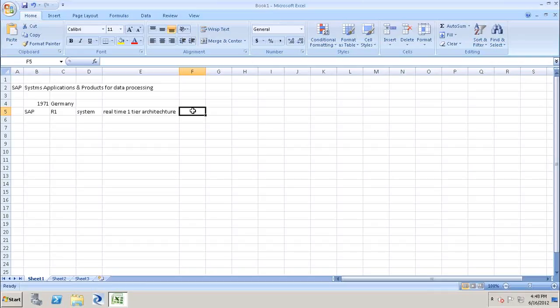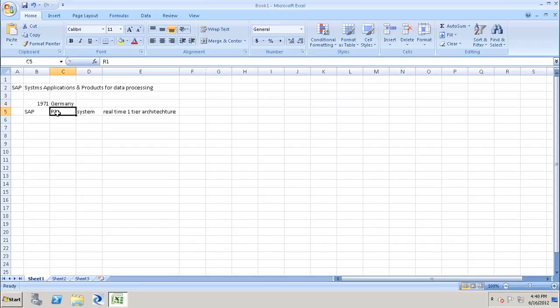In that we will have two subcategories: one is procurement or purchasing, and number two is inventory management, that means stock management. Once we purchase the raw material or once the finished product is done, how much stock we need to maintain, all those things come under stock management. So there are different business processes in a manufacturing industry.